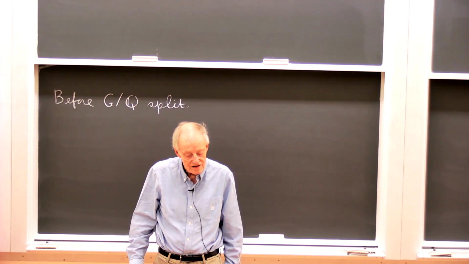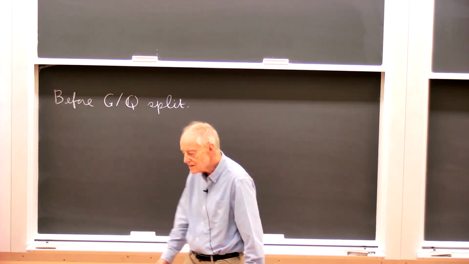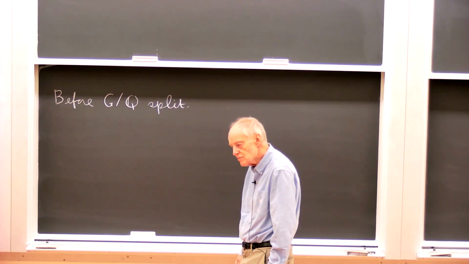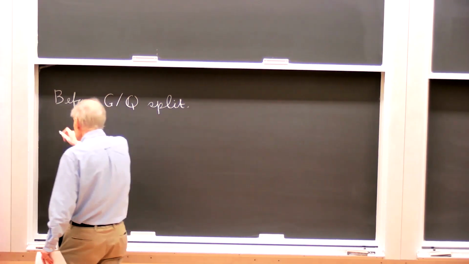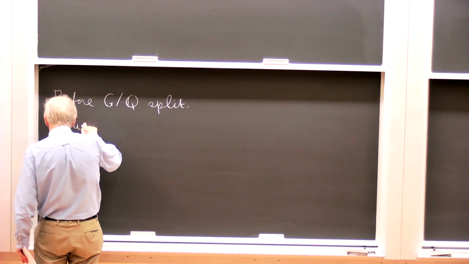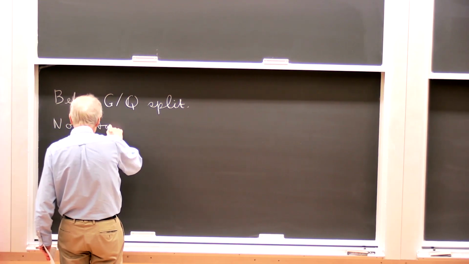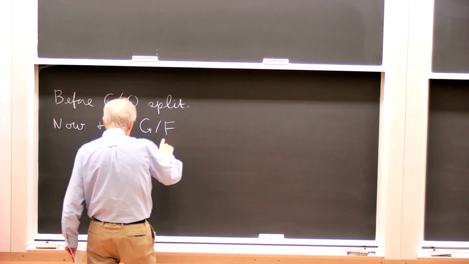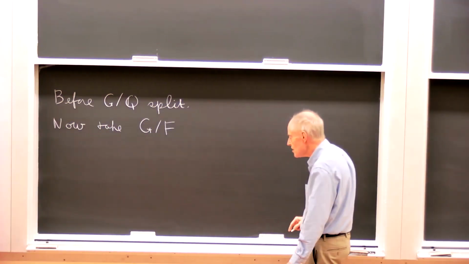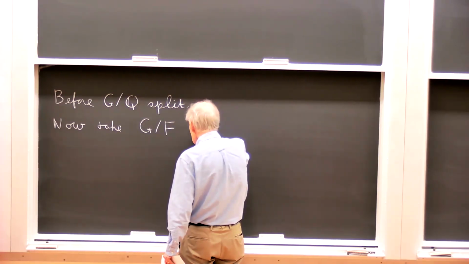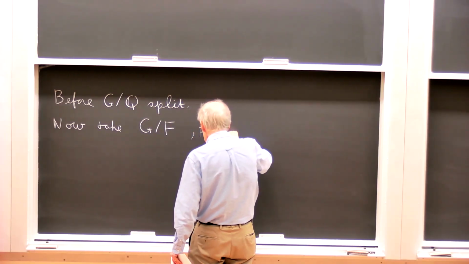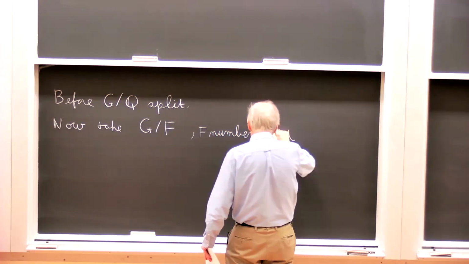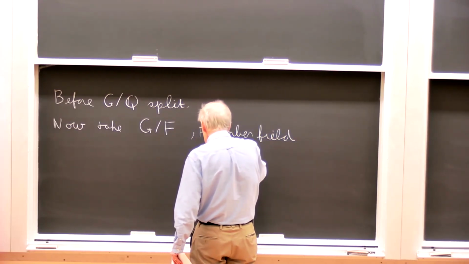One can really think of just G being GL_N, and that gives an idea of everything that's happening. But more stuff happens. First of all, it's better to take F to be an arbitrary number field, and G to be quasi-split.